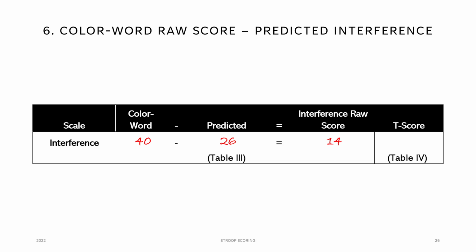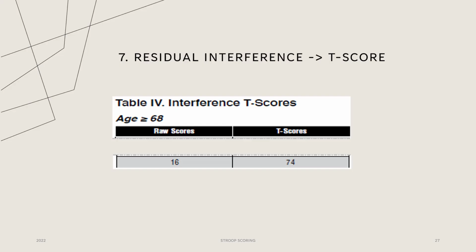This is like the residual that we got for the color word and color word. At this point, we need to convert that residual interference score to a T-score. One thing that's different about the normative update is we've got the interference T-scores grouped into 2 groups, those below age 68 and those at or above age 68. The reasoning is described more in the manual, but that's just more contextualized.